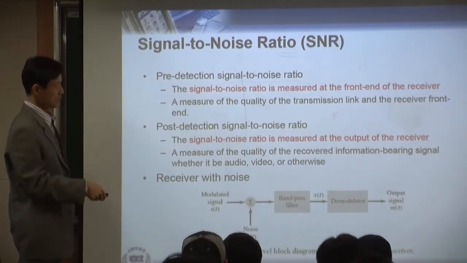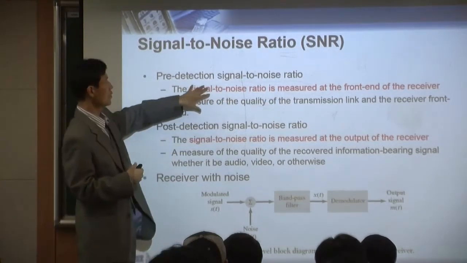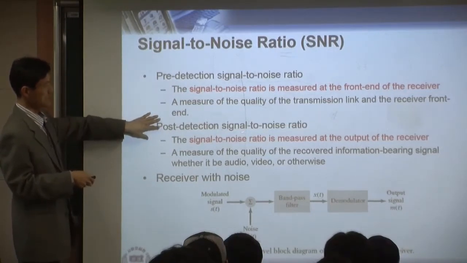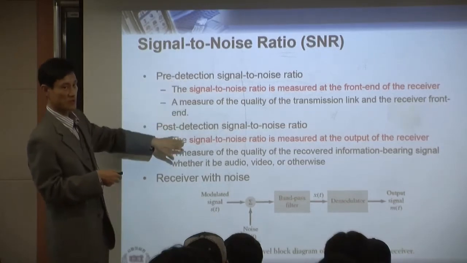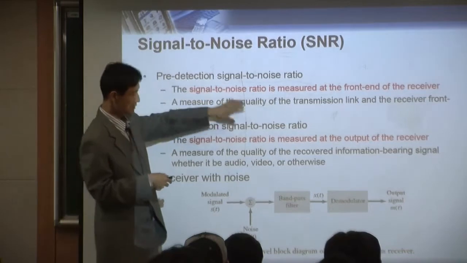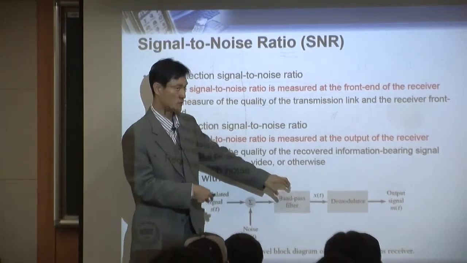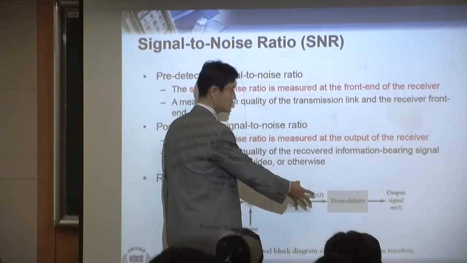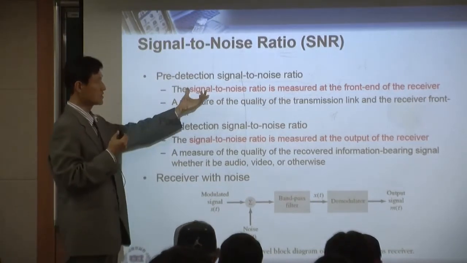And in our system, we measure the SNR at two different places. One is what we call the pre-detection SNR, and the second is the post-detection SNR. The reason we call it pre-detection and post-detection SNR is that the pre-detection SNR is measured before the demodulation, before the receiver procedure, which means that as soon as you receive the signal at the antenna, you measure the SNR.